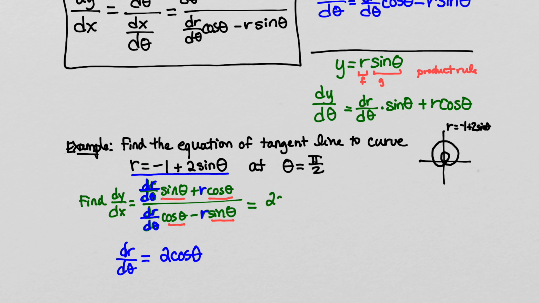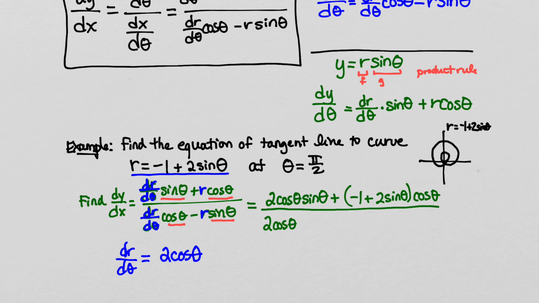So we're going to plug that in, and that's going to tell us that dy dx, or the slope, is 2 cosine theta times sine of theta plus r, which is -1 plus 2 sine theta, times cosine theta, all divided by, again, dr d theta, which is 2 cosine theta, minus r again, -1 plus 2 sine theta.